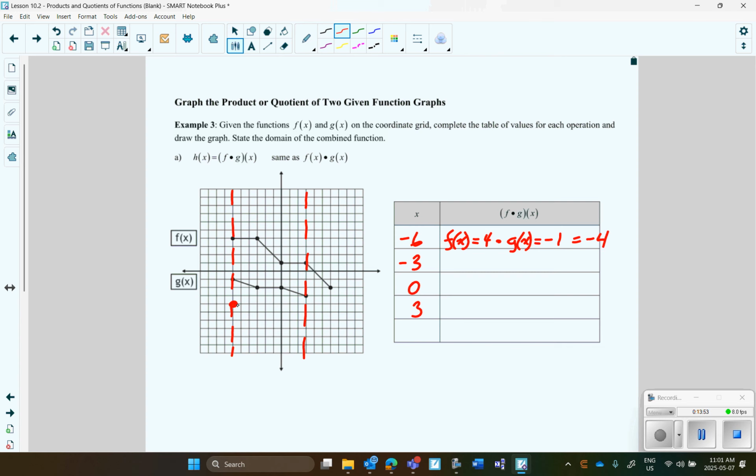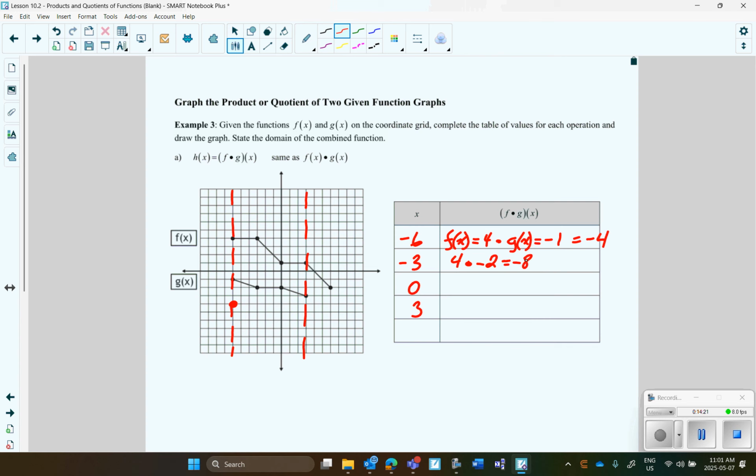It's going to be down there. And I do the same thing. What's the y value at x equals -3 in f of x? What's the y value here? 4 times the y value of this one gives me -8.